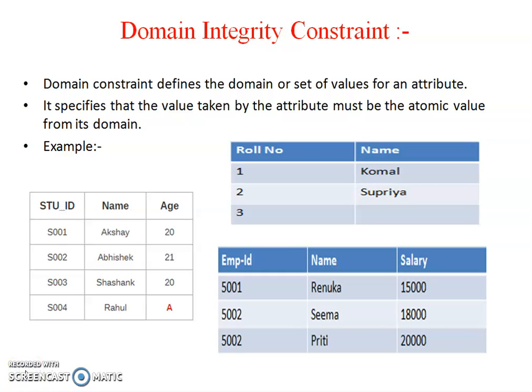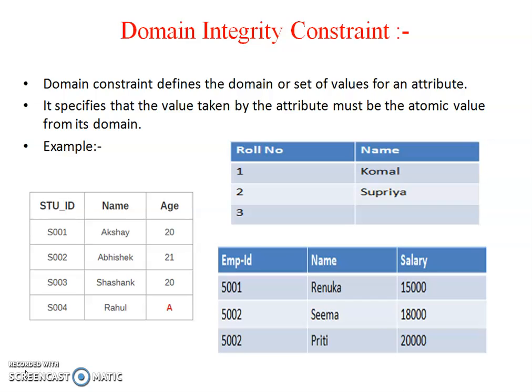Now the next constraint type is the default constraint. When a user does not provide a value for a particular column while inserting a record in the table, the default constraint provides a default value to that column.